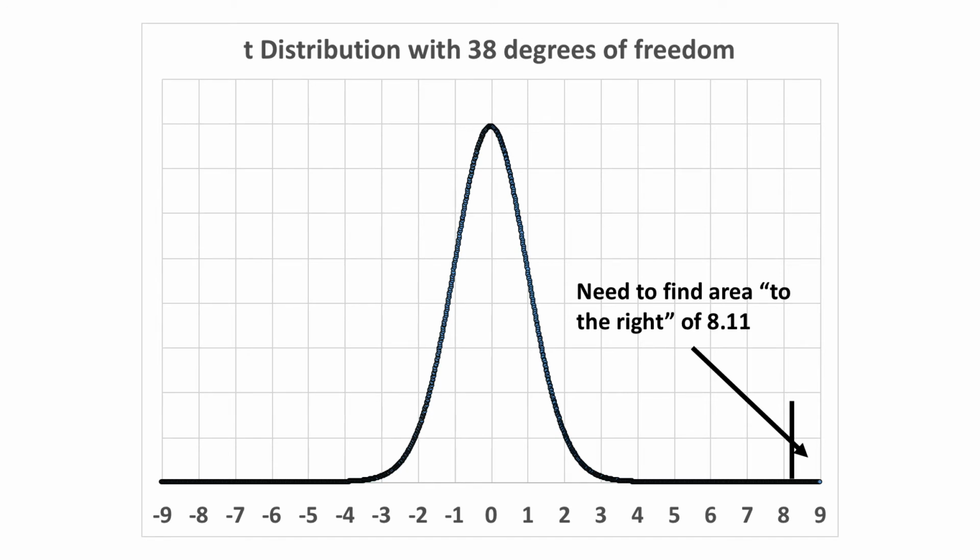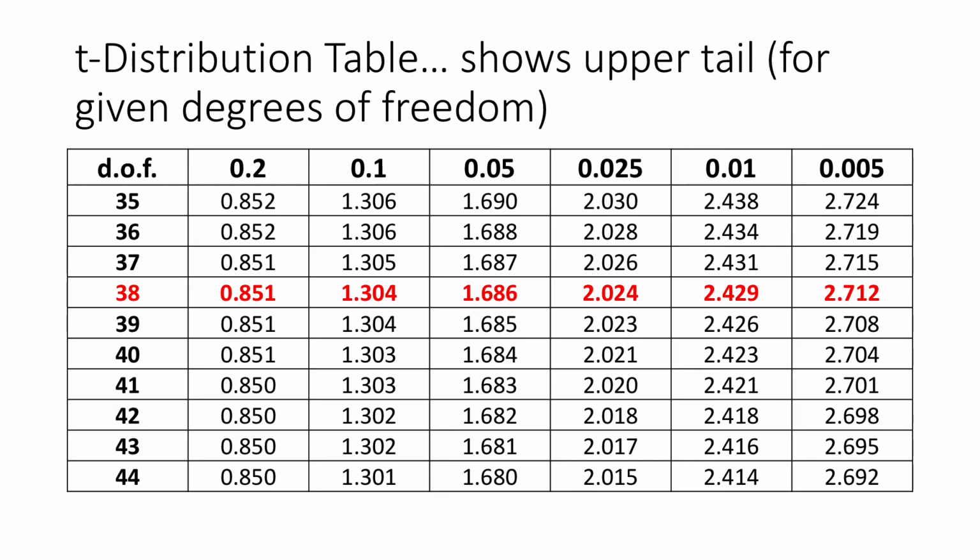If you look at this t-distribution, you'll see right off that there's very little area under the distribution to the right of 8.11. In fact, looking at it here, it's almost like it would be 0. But to be sure, let's look at the t-distribution table. The t-distribution table shows the upper tail for a certain number of degrees of freedom. We'll go down to 38 degrees of freedom, and we're looking for a t-value of 8.11.